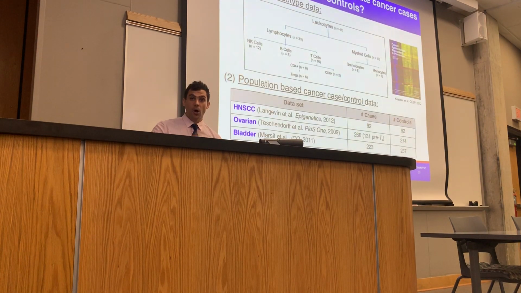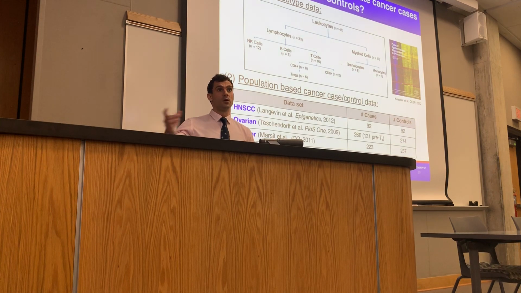All right, so to begin to understand the extent to which variation in immune composition between cancer cases and controls might be influencing the results of some of those early studies that I was discussing that reported marked differences in methylation between cancer cases and controls in blood, we investigated whether CpGs that are differentially methylated, or exhibit a different pattern of methylation, between different white blood cell types also allow us to separate or distinguish cancer cases from controls.